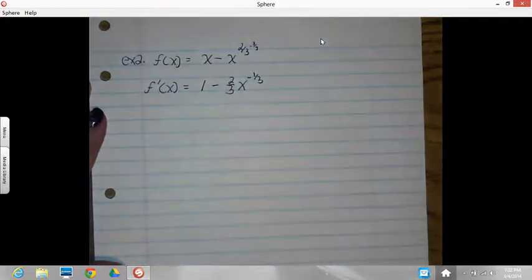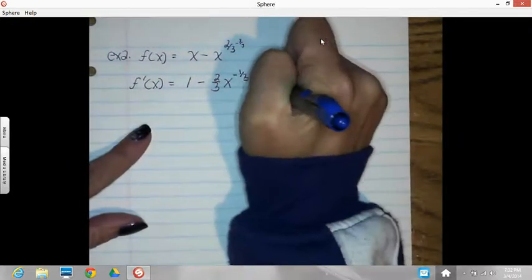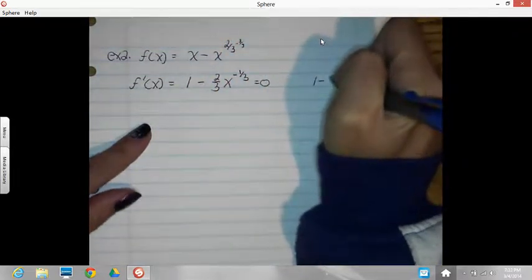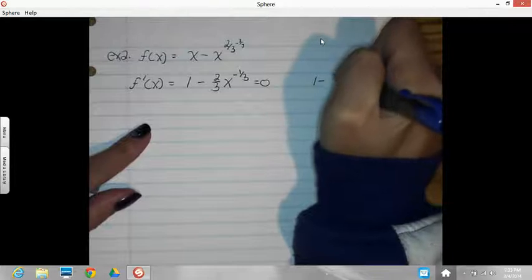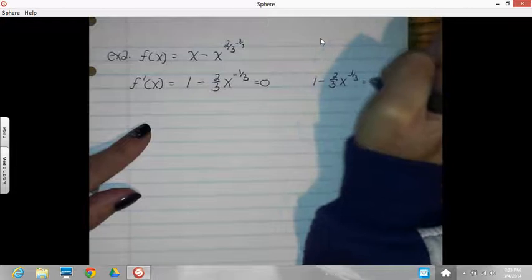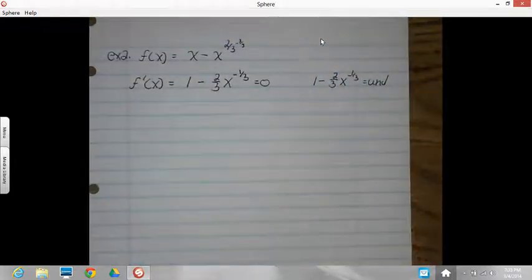Okay, I need to know, when does this thing equal 0? And when does this thing become undefined? Alright, so solving the equal 0 part. Now these negative exponents, let me subtract 1 first.